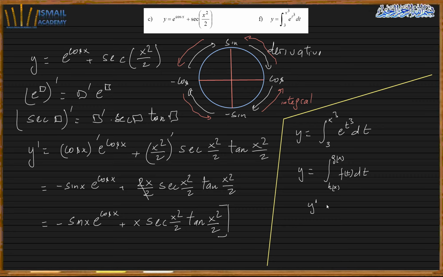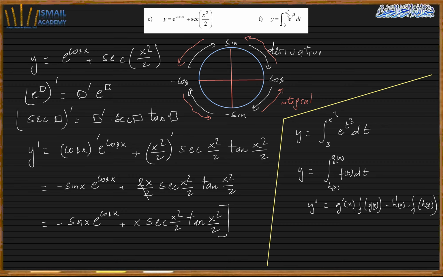y prime equals, for the top one, g prime of x times f of g of x, minus h prime of x times f of h of x. This is exactly how we should deal with it. If you have a constant here, for example 2 or 3, like our case, this will be 0 and cancel out, so it's left only that one.